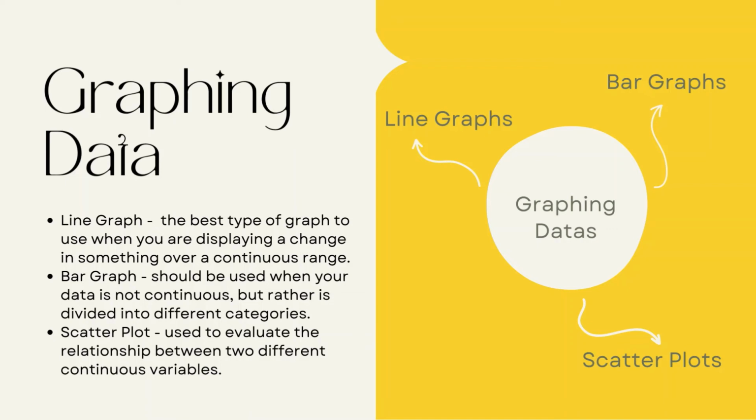Line graphs are the best type of graph to use when you are displaying a change in something over a continuous range. Bar graphs should be used when your data is not continuous but rather is divided into different categories. And lastly, scatter plots are used to evaluate the relationship between two different continuous variables.